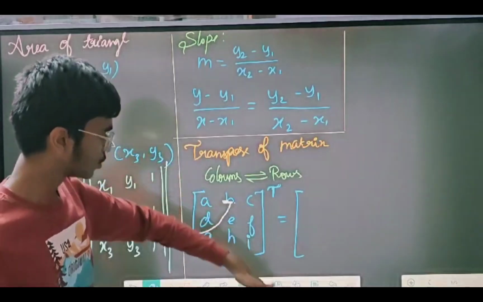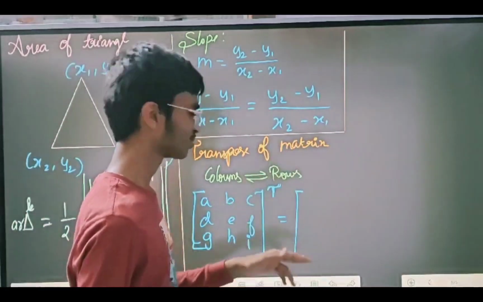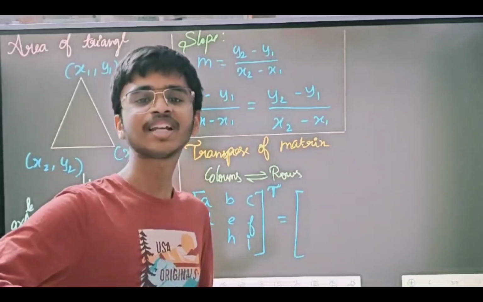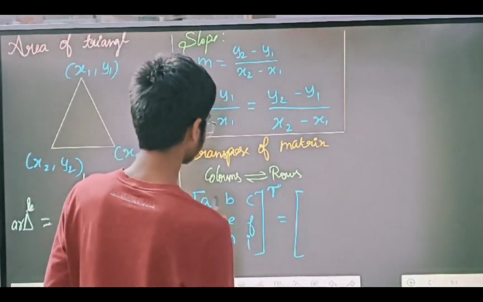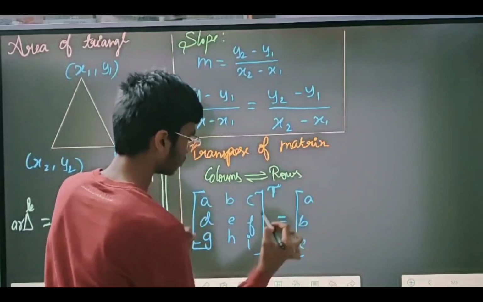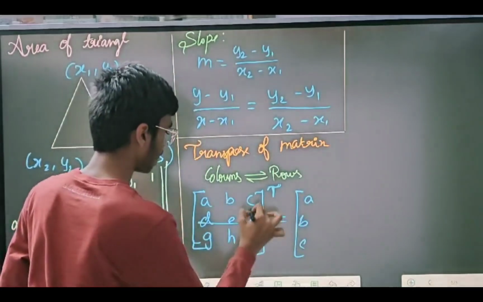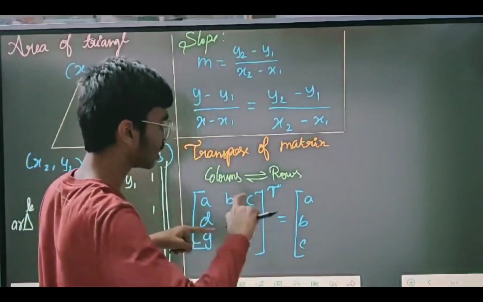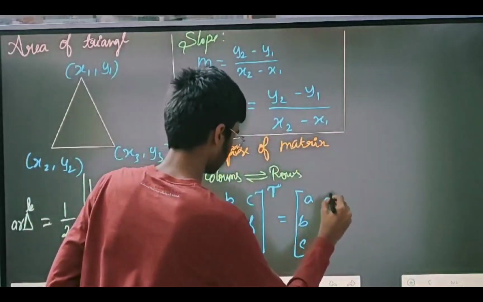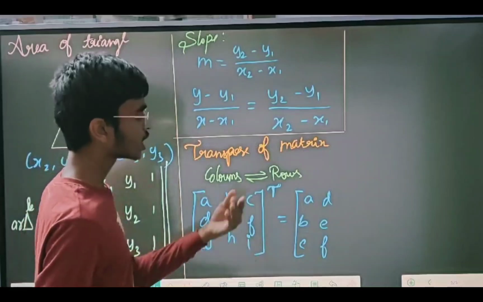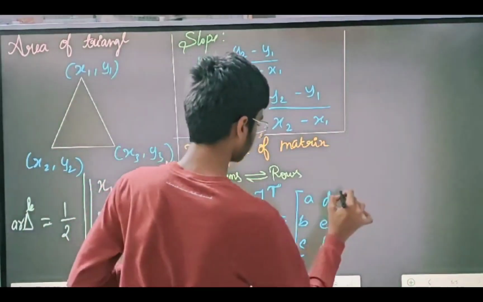You have to make it a standing line; from a sleeping line, it has to become a standing line, from a horizontal line to a vertical line. So this A will come here, then B will come here, C will come here. Now the second row has to be written as the second column: D, E, F, and the third row has to be written as the third column.